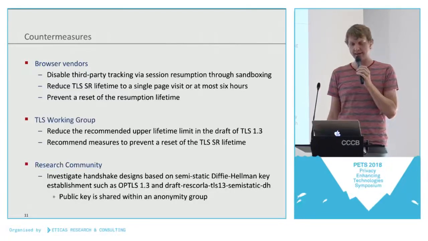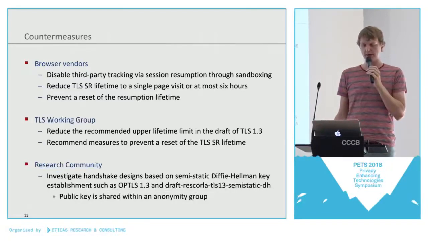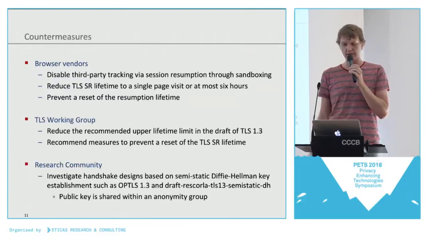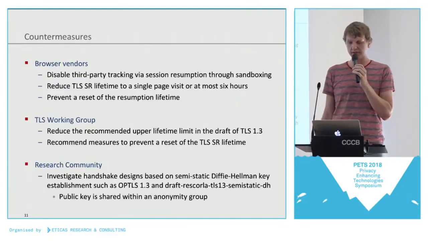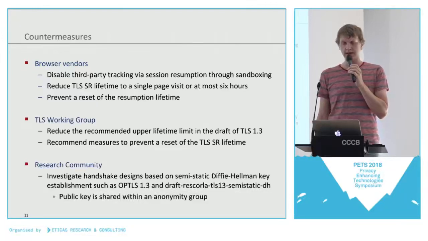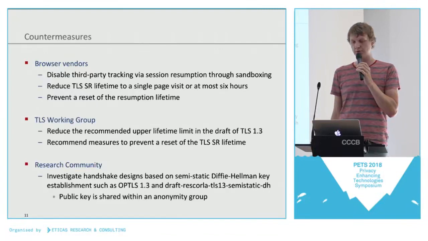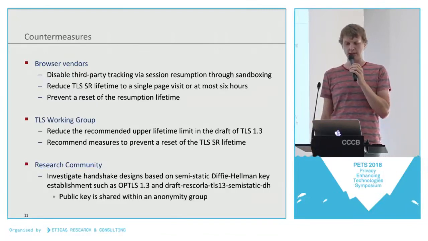I would like to see that the TLS working group recommends a reduction of the upper lifetime limit in the draft of TLS 1.3. And I think it makes sense to recommend a measure to prevent a reset of the TLS session resumption time.